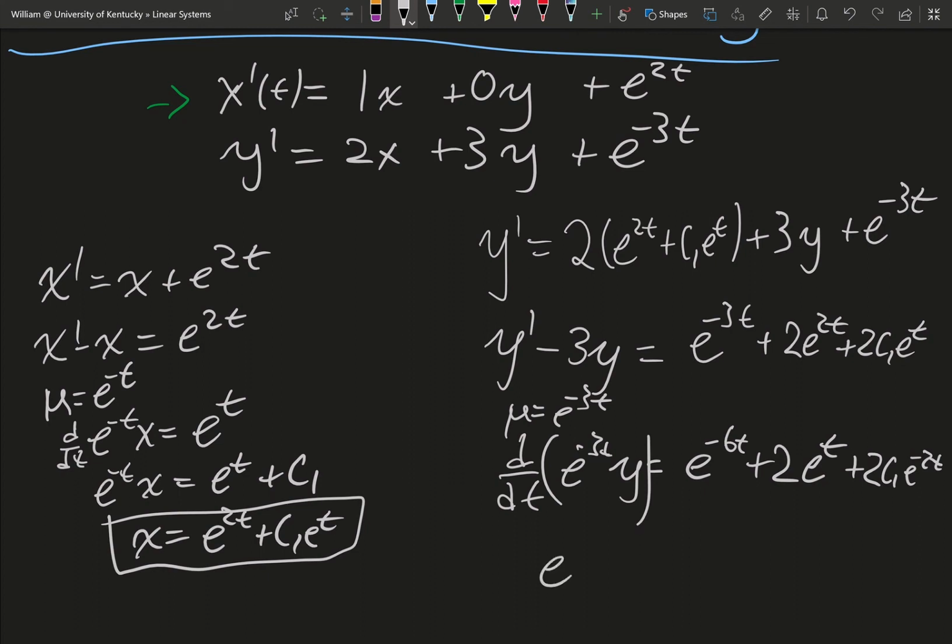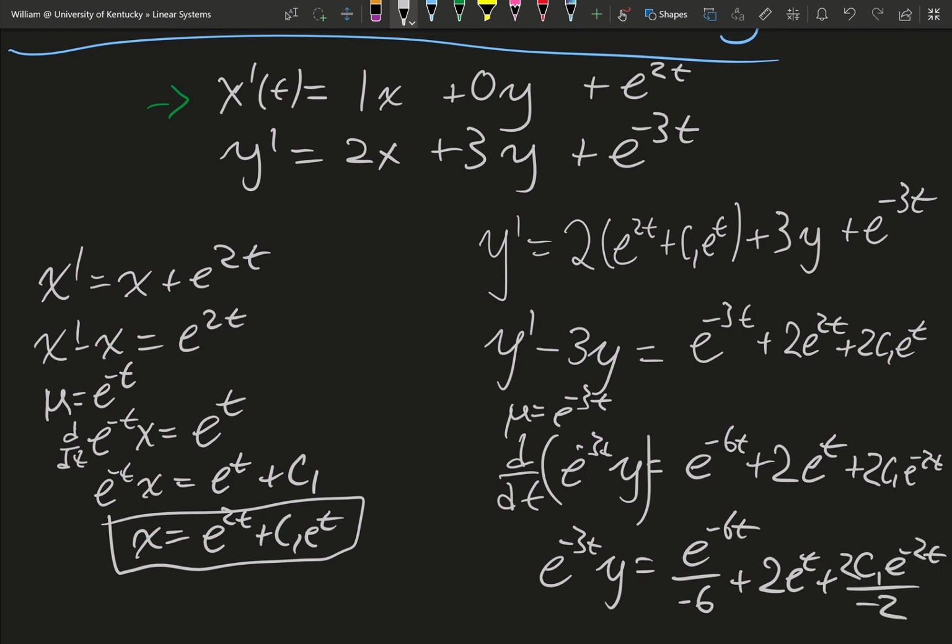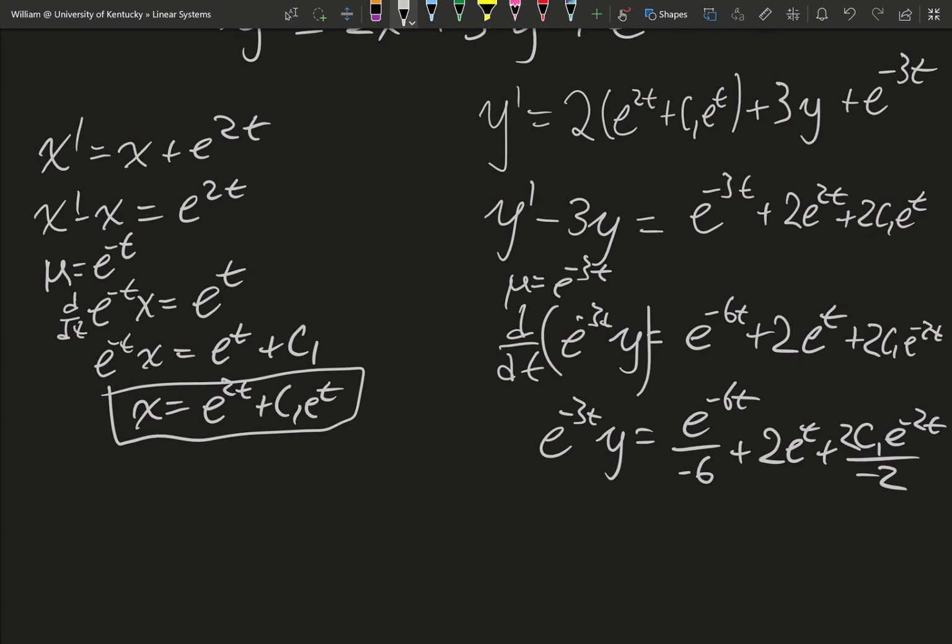So we integrate and finally solve for y.